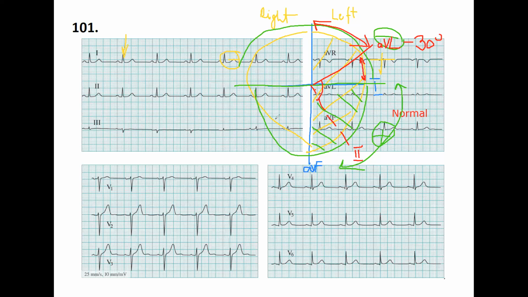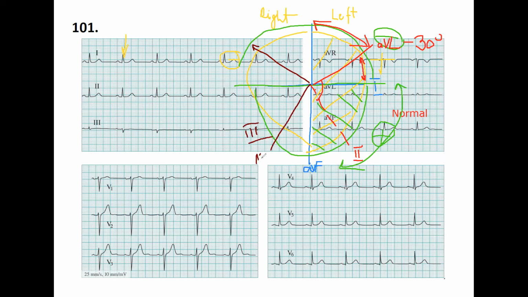Now, on the right side, there is another lead that we can use. Maybe I'm using a different color. Let's use this one. AVR is minus 150, right here, and exactly perpendicular to lead number 3. Lead number 3 is 120.